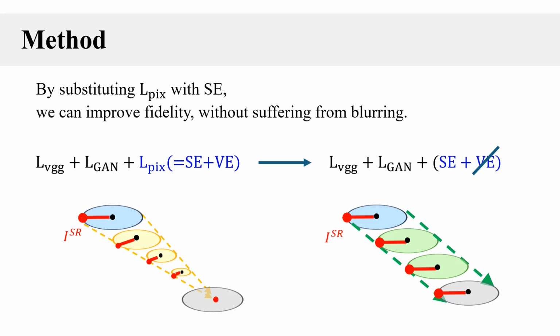Then we apply this together with other perceptual quality-oriented losses, which will now lead to the highest perceptual quality the perceptual losses can provide, while achieving the highest fidelity scores for that given level of perception. It would be nice if you could compare the left and right figures, the SE plus VE, which indicates LPIX, and only SE, which stands for our proposed loss function.